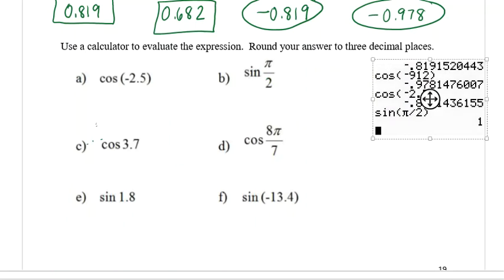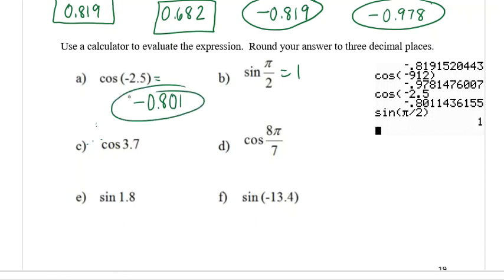That one's 1. This one is negative 0.801.